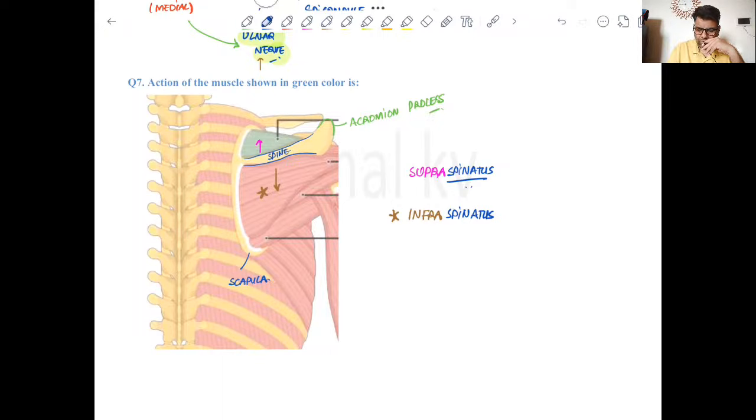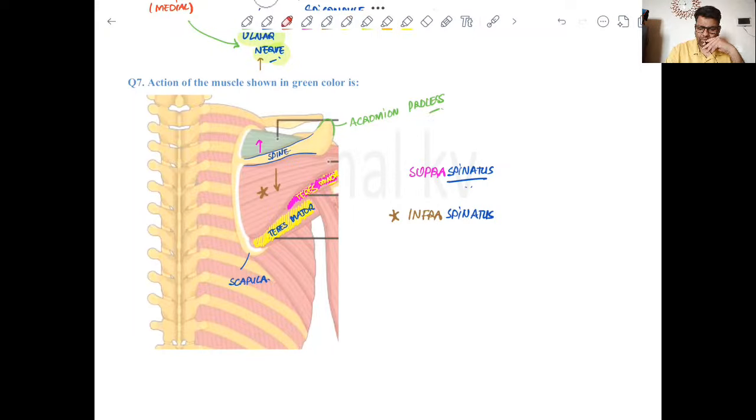And if you go even lower down, you will see one muscle here. This is teres major, right? So this is teres major, and on the top of that you can see one small muscle, and this is the teres minor. Very good, Chaitanya. So this is teres minor, right?